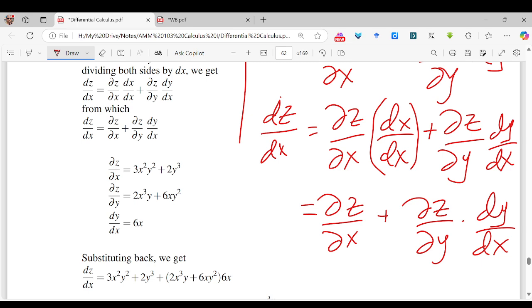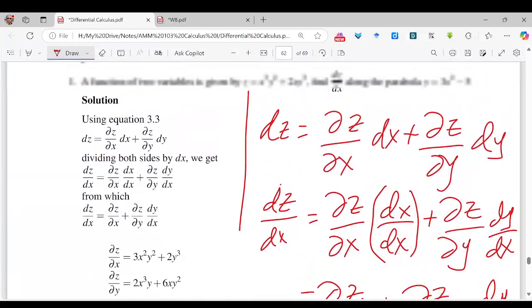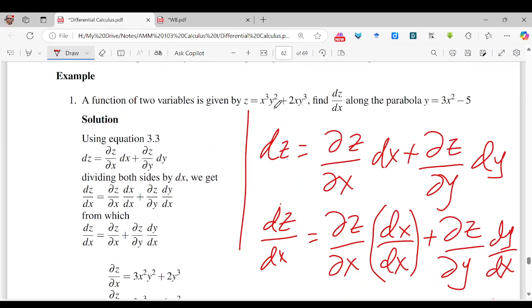So in this case, we have the function z here. We can differentiate z partially with respect to x, and we can also differentiate z partially with respect to y.